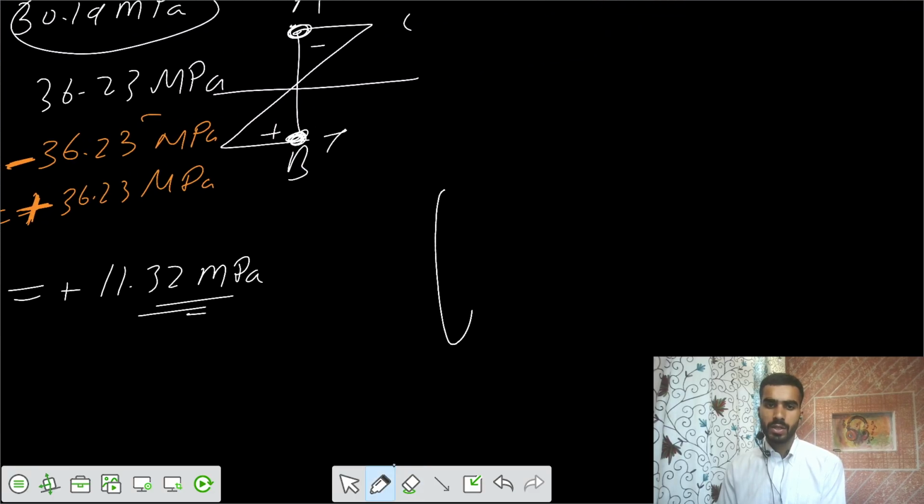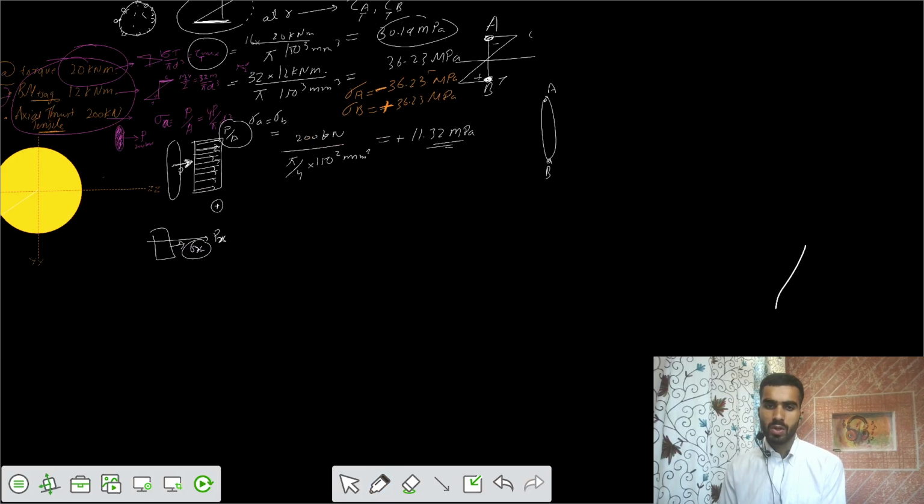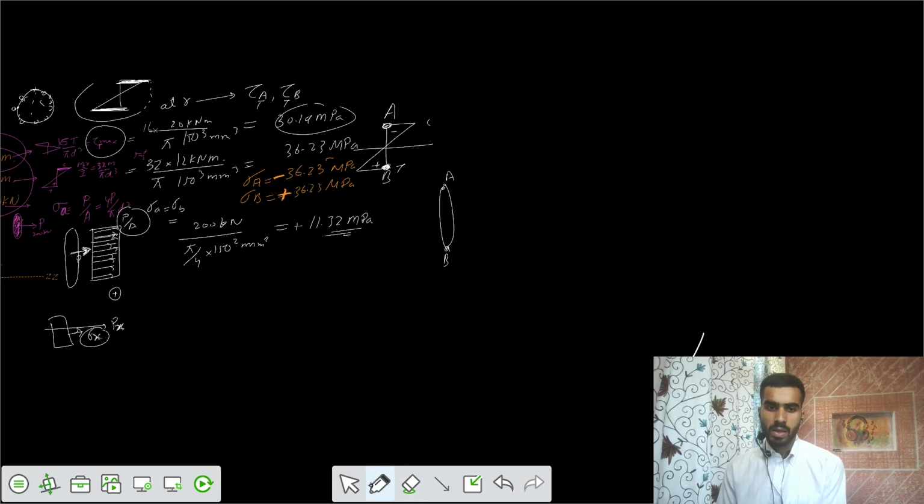So you have this section, A and B, you have these two points. Now the stresses, because of those normal stresses, you have to add. So let's talk about the bending stresses. Bending stresses are also normal stresses. They are normal to the surface of the section. If you have that variation, that's normal to the cross section, whether it is a circular or a rectangular cross section.